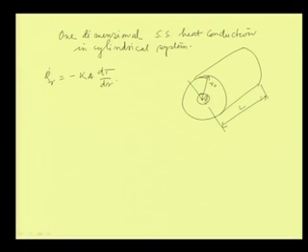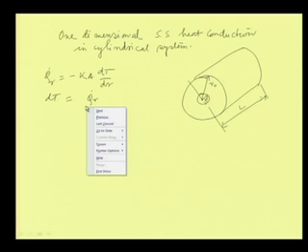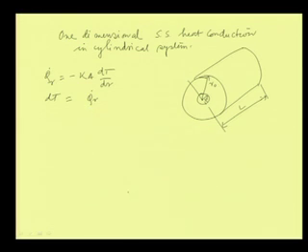Now, if we go ahead further, dT by dr equals Q dot R by minus K into the area.